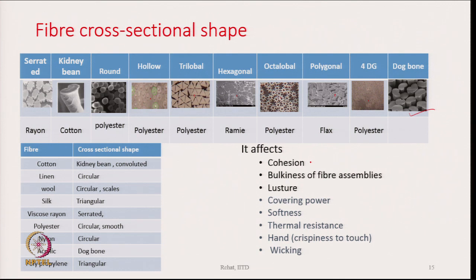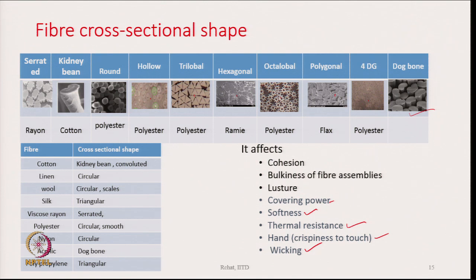Then covering power, because if bulk is affected, covering power will be affected. If the bulk of the yarn is affected, then covering power of the fabric by the yarn also will be affected. Then comes softness, thermal resistance, hand, wicking. So many things are affected by the cross sectional shape of the fiber.